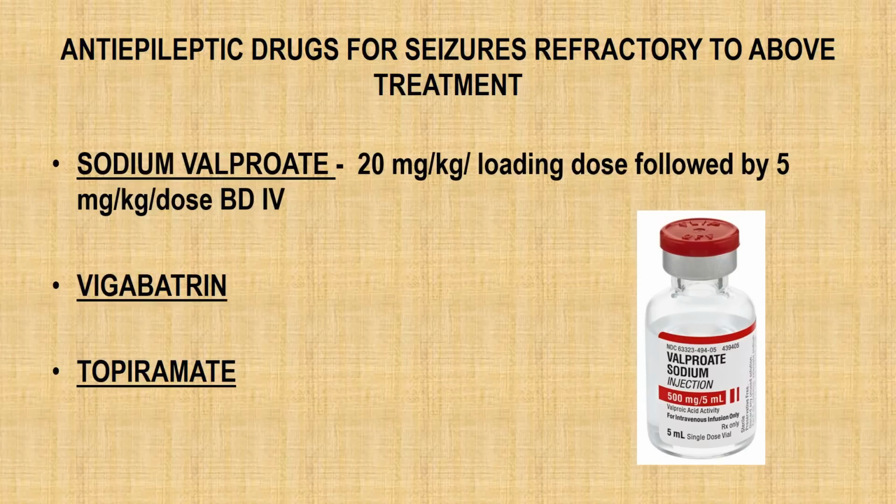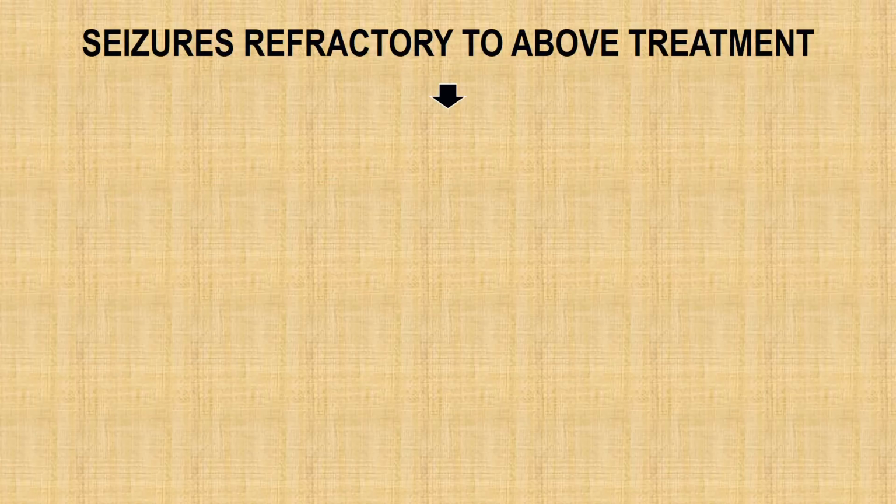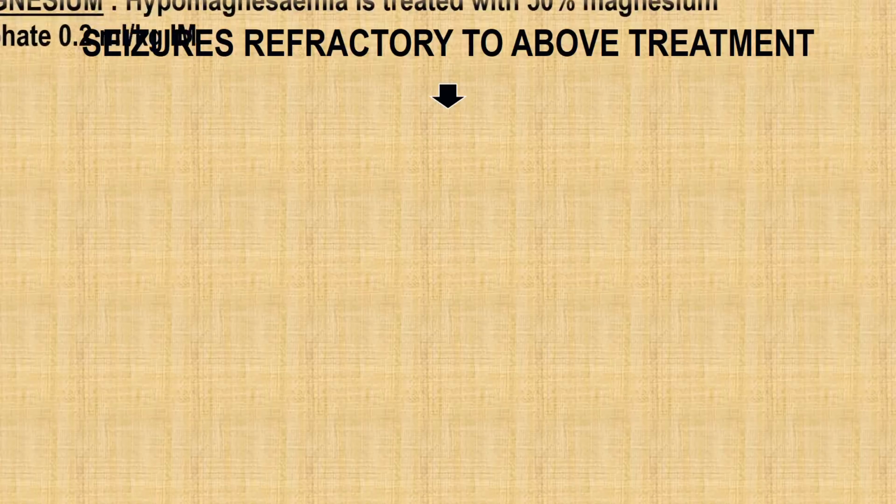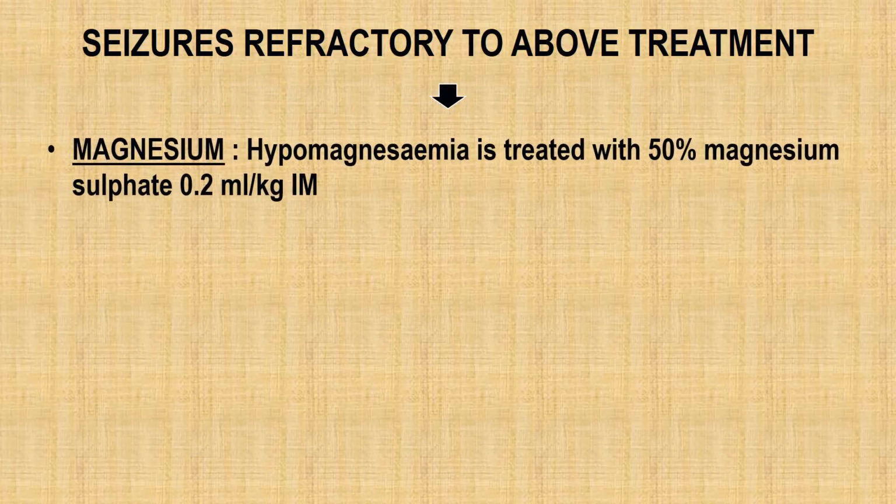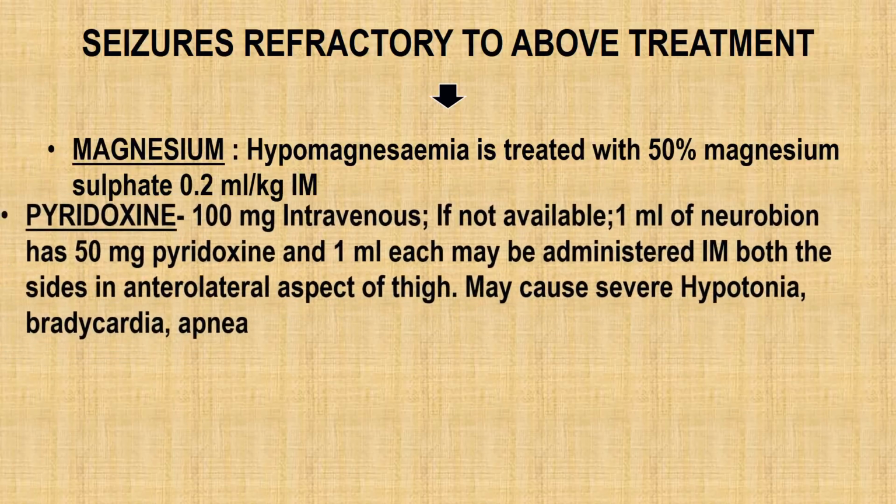Or if the patient is not responding, then vigabatrin, which is available orally, or topiramate, if an injectable preparation is available, can be given to the newborn. If seizures are refractory to the above treatment, then we should suspect the patient might be having hypomagnesemia, which can be treated with 50% magnesium sulfate 0.2 ml per kg intramuscular.